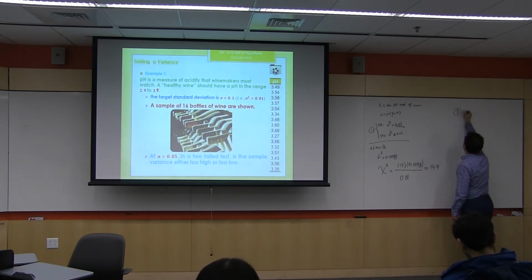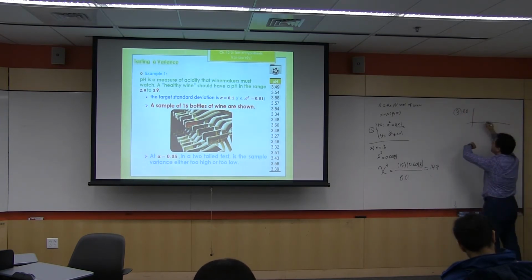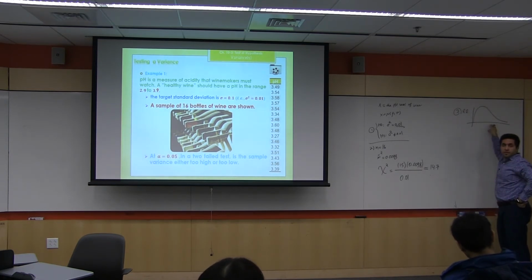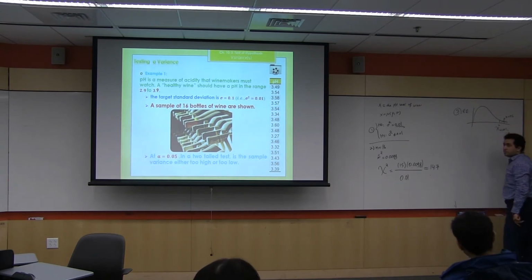Step 3, rejection region. I have a chi-squared distribution. Alpha of 0.05, so this is what? 0.025. This is chi-squared of 0.025. Degrees of freedom is 15.